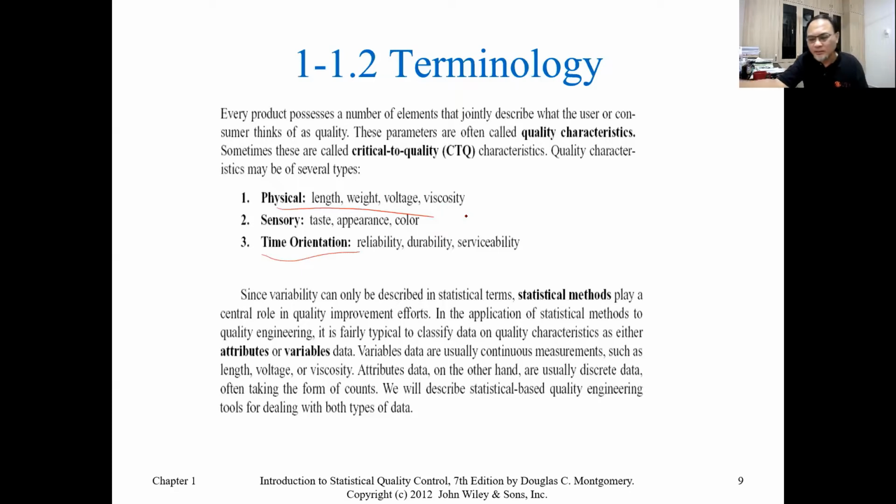We engineers, I'm an engineer, like to look at products in terms of things that we can measure: length, weight, viscosity, surface roughness, and so on. Taste, we can taste. For example, that's why for tea there are tasters, and for food products there are tasters. The appearance, the color.